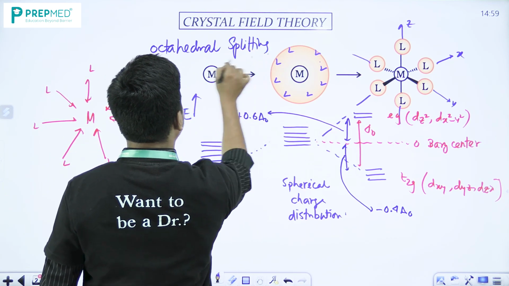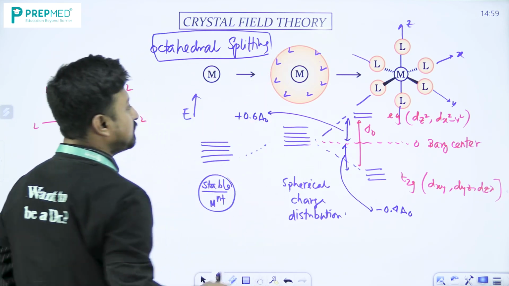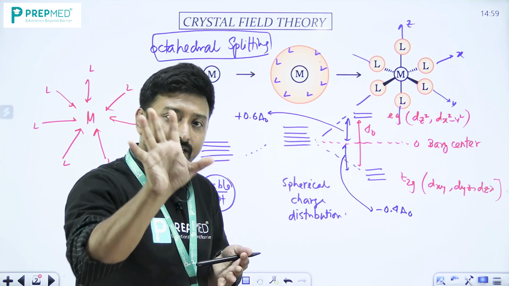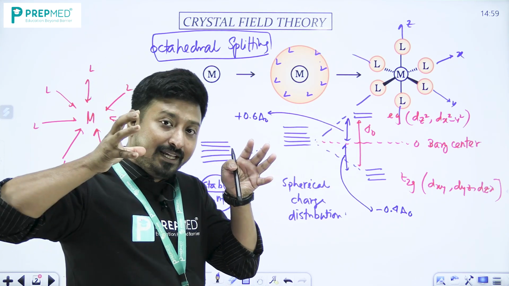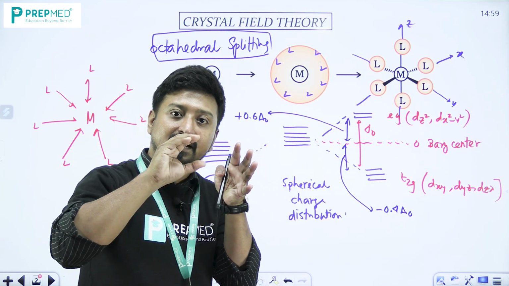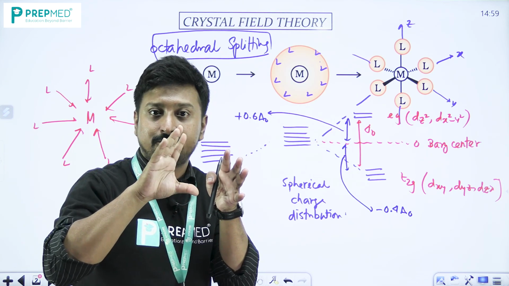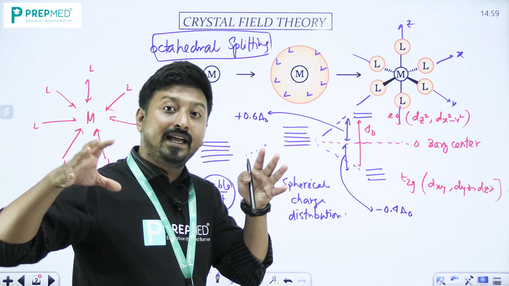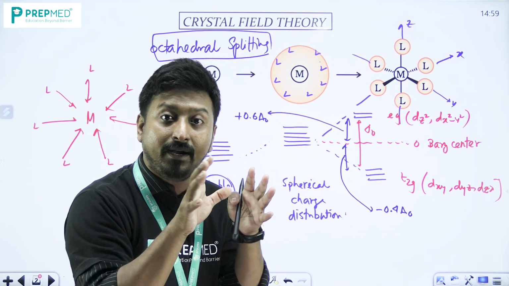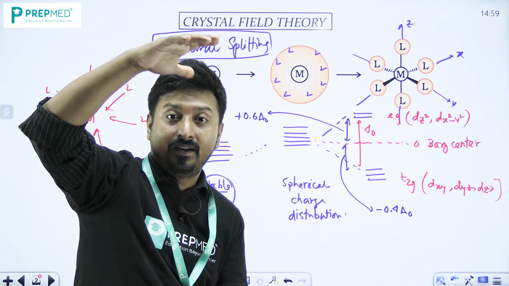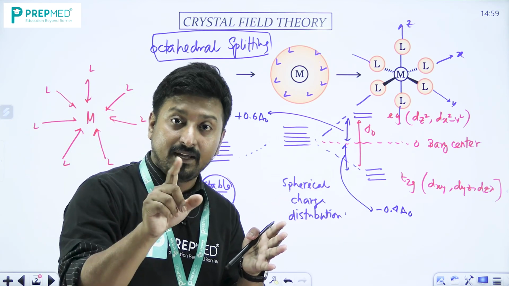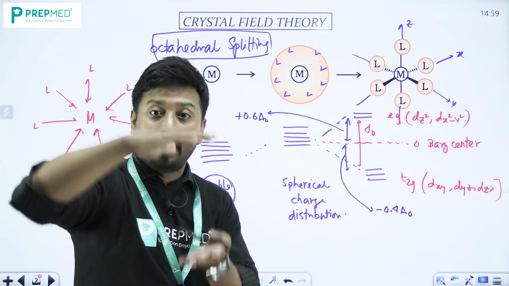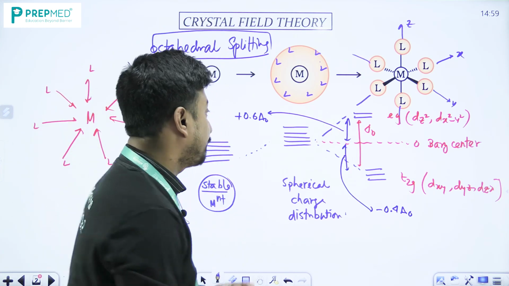Now you can ask one thing, sir, that this delta O can vary, right? Remember correctly: when the ligand approaches the metal, this d orbital gets split. That means the stronger the ligand interacts with the metal, the higher will be the gap. Simple logic. I am telling you again, the stronger the interaction of the ligand with the metal, the higher the gap and the higher the splitting range.